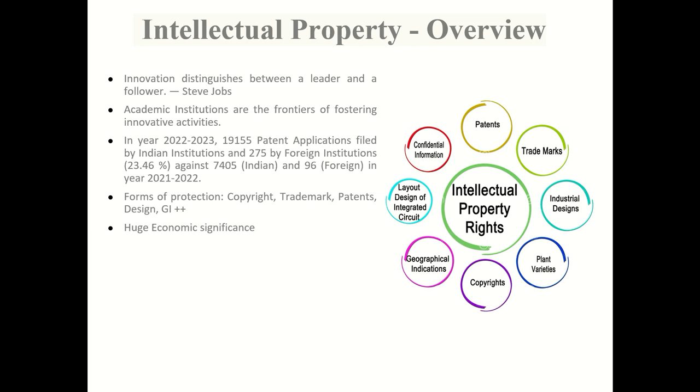US is having maximum patents. That is the reason, though they don't manufacture, they get it manufactured in Asian countries. But these developed countries are developed because they have patented their work. And the patent will give them rights for 20 years.